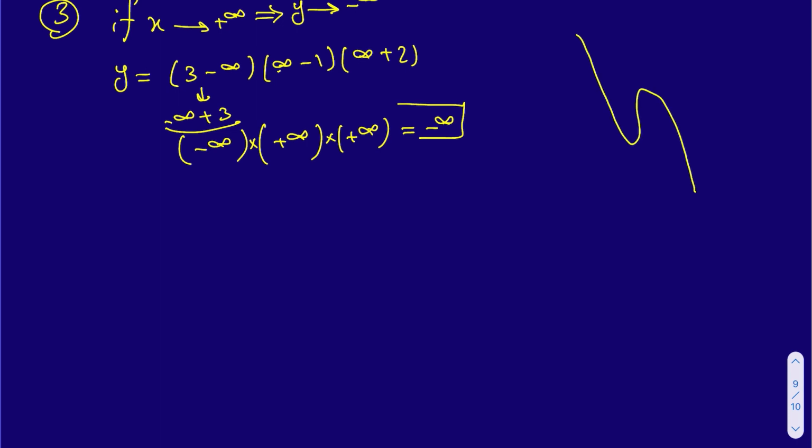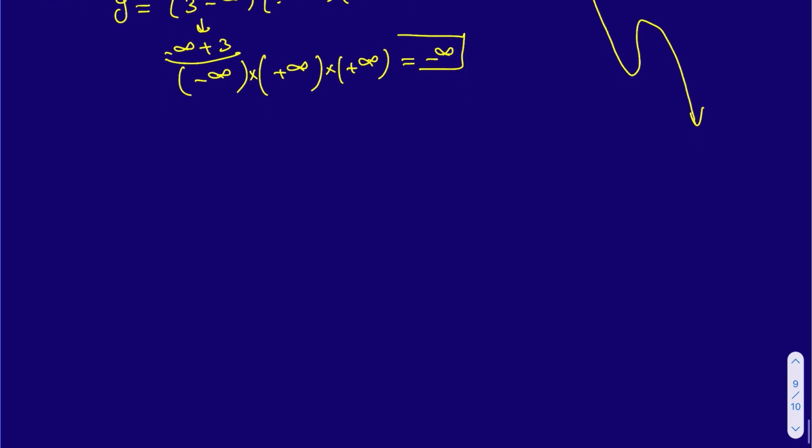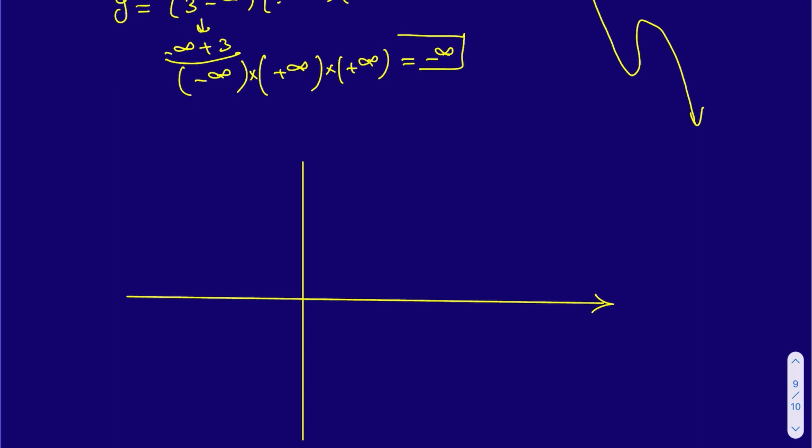I will draw it here for myself to avoid forgetting this shape. Okay, now I need to draw the graph for the x and y axes. So this is x and this one is y.